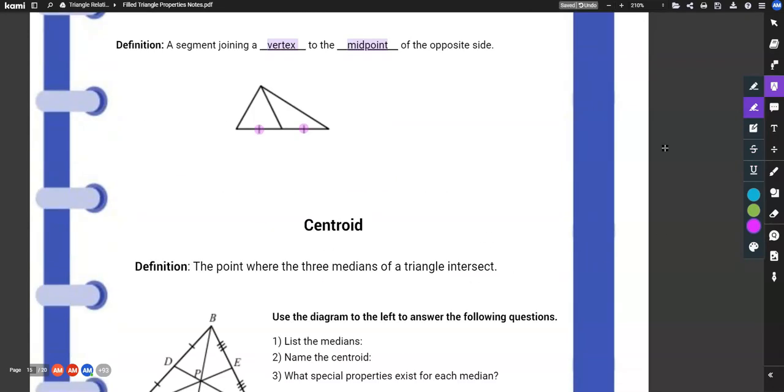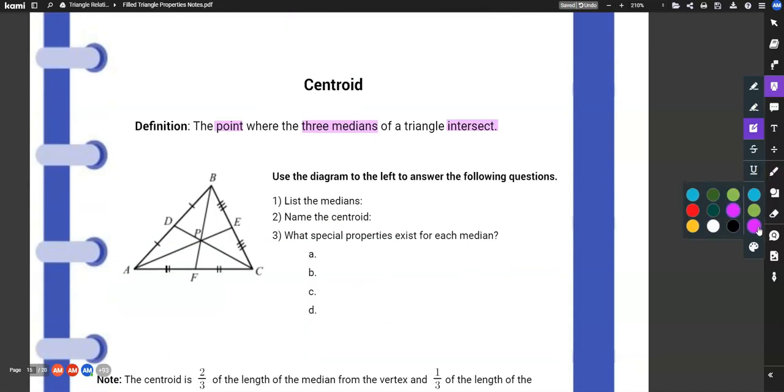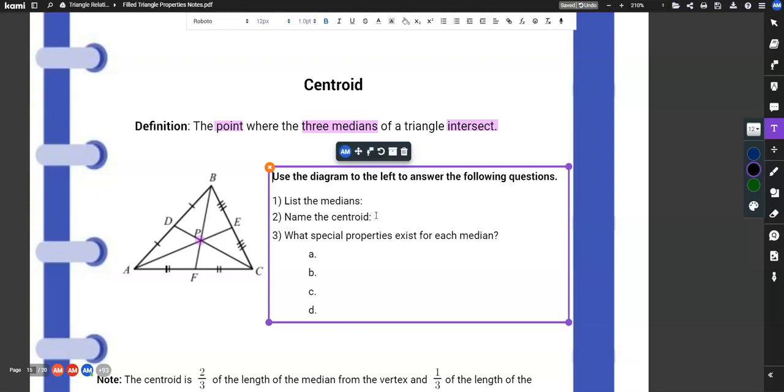A centroid is the point where the three medians of a triangle intersect. Okay, so it's a point and the three medians intersect. It's where they cross. So if we look here on our image, we can see that the point where they intersect is P. So that is going to be the name of the centroid, P. Now the medians are BF.